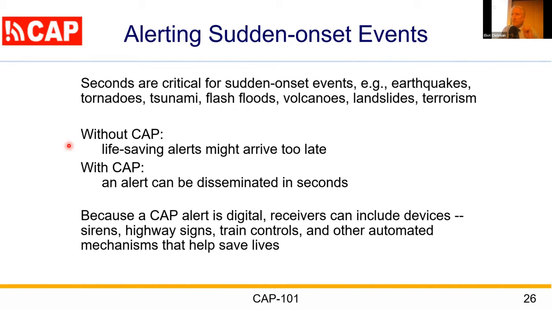CAP alerts can be posted immediately and then immediately disseminated, sometimes within seconds. Also, the CAP alert is digital. That enables immediate action not only by people, but by devices like sirens, like highway signs, like train controls, and other automated mechanisms that help save lives.